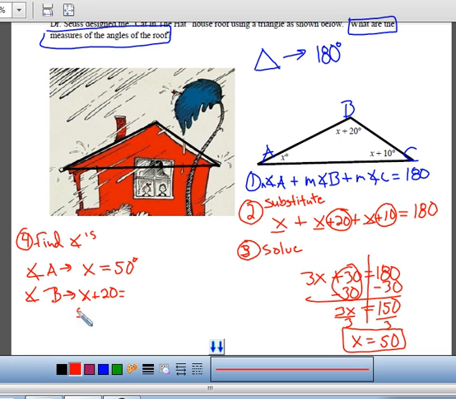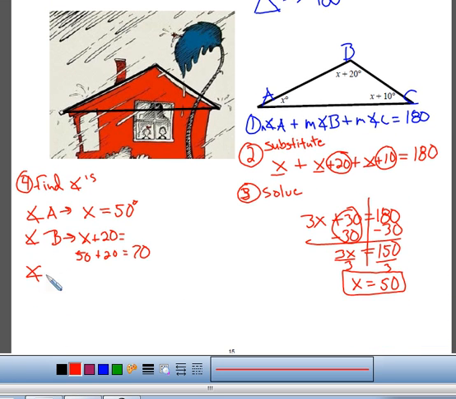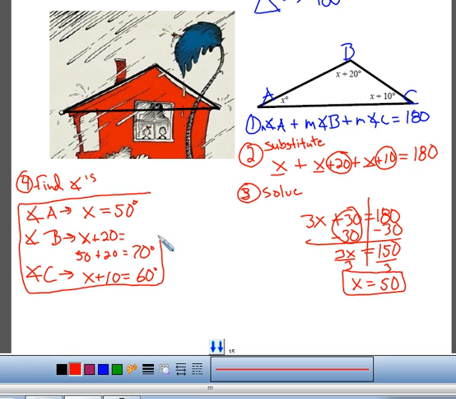Well, if you want to, 50 plus 20 equals 70. And then angle C is represented by x plus 10. 50 plus 10 is 60. So we have our angles. Now technically we still need to do one more step, but what we have so far seems to make sense.